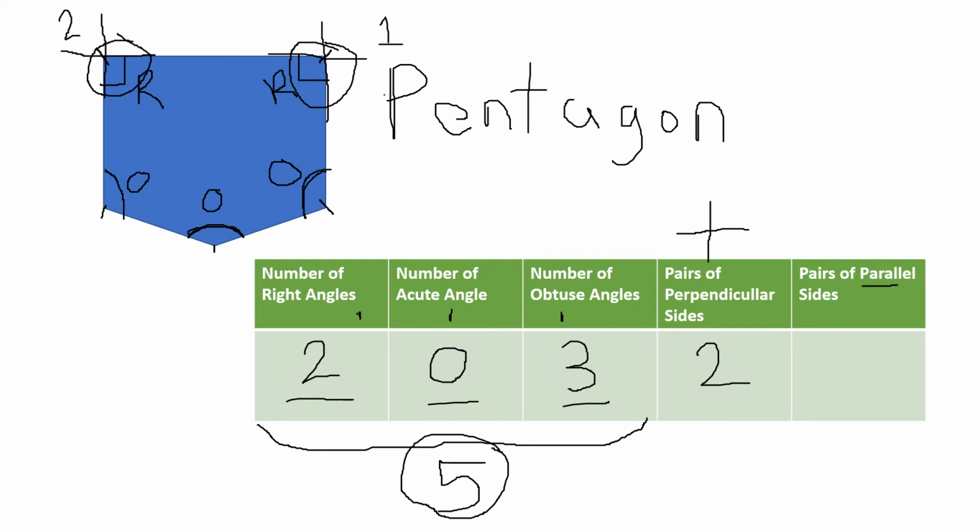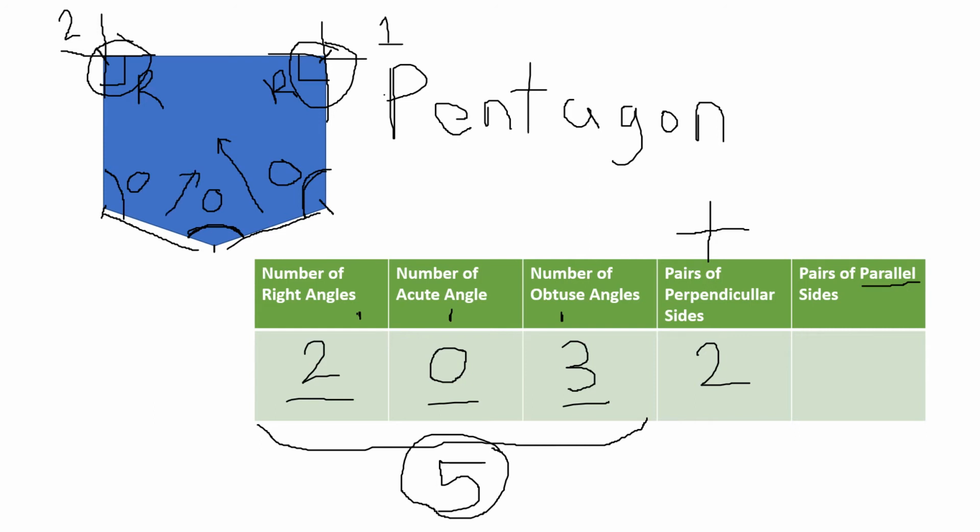Now I'm looking for parallel sides. When we say pairs, that means that that is 2 lines that form parallel sides. So if I look right here and I look opposite, I do not have a line that is parallel to that. Same goes for this one. I do not have a side that is parallel to it.